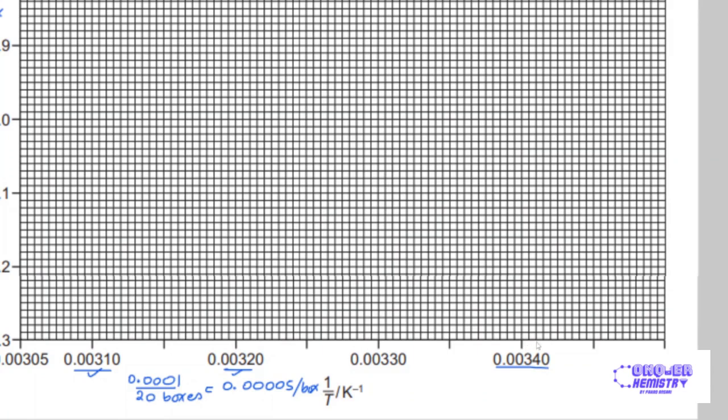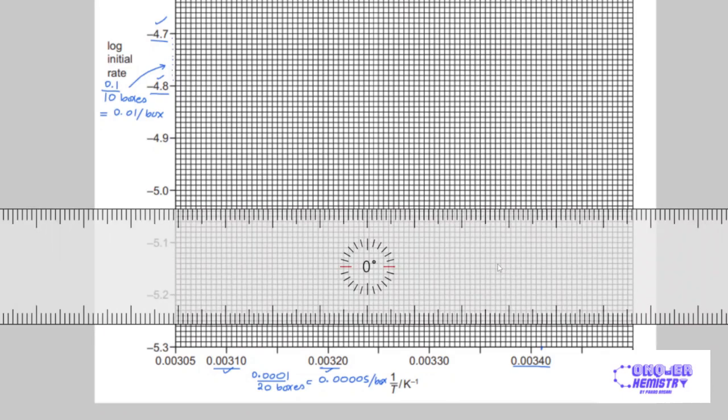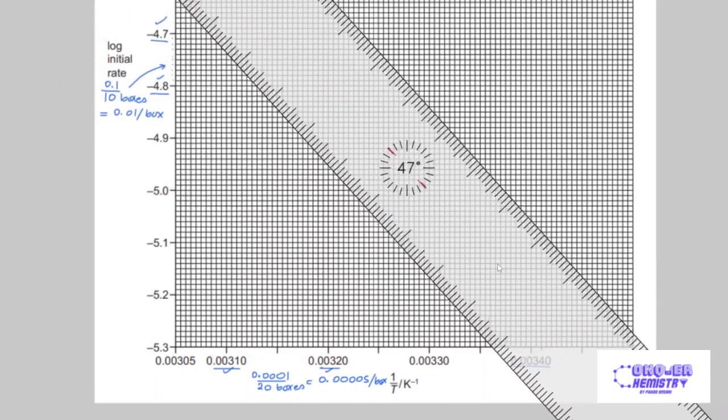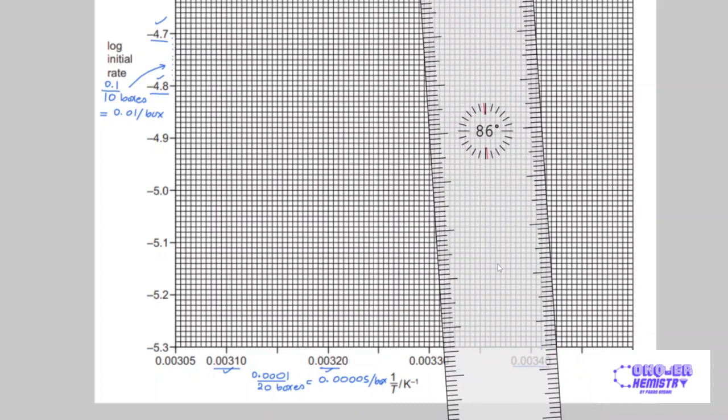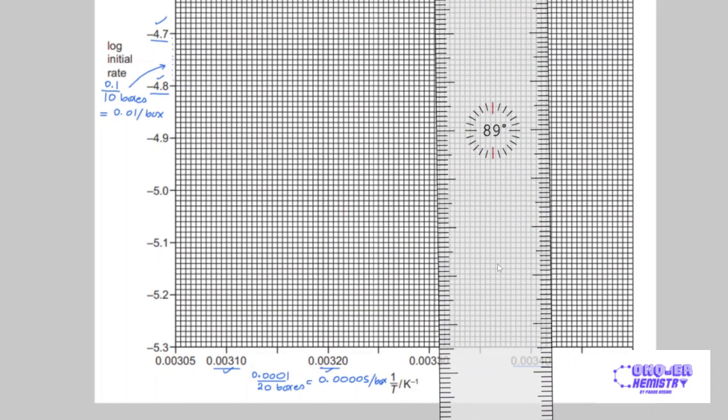So if I count two boxes, this is going to be 0.00341. All right. Now, what I'm going to do is I'm going to bust out the ruler. And I'm going to draw a vertical line from this point upwards.